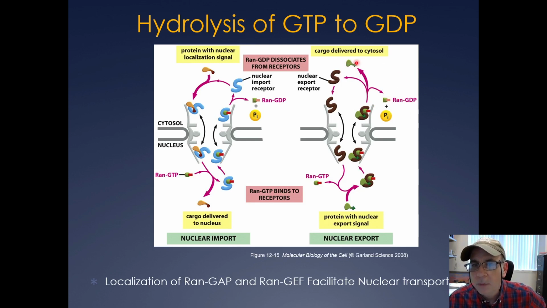The cargo to be delivered to the cytosol is released, as well as the RAN GDP bound form, and the nuclear export receptor can then be brought back into the nucleus for its next protein to be brought out.